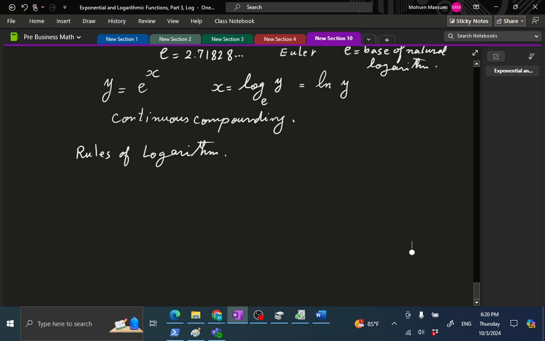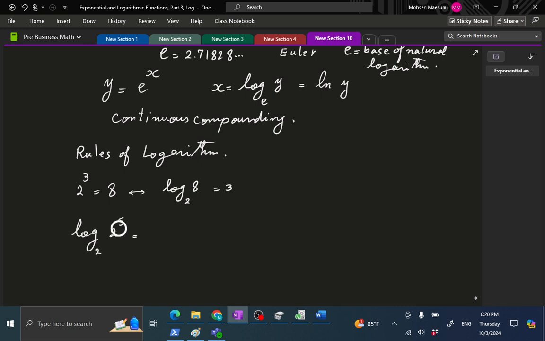So let's remind ourselves one more time. When you have 2 cubed equal to 8, you rewrite the same thing as logarithm of 8 in base 2 is 3. So think about it like this. 2 to the power of 3 is 8. Now let me ask you some logarithm questions. Suppose I ask you what's the logarithm of 2 to the power of 5 in base 2? Well, this is 32.